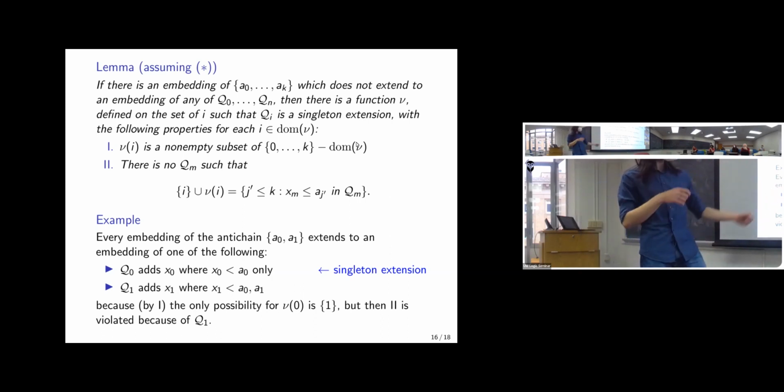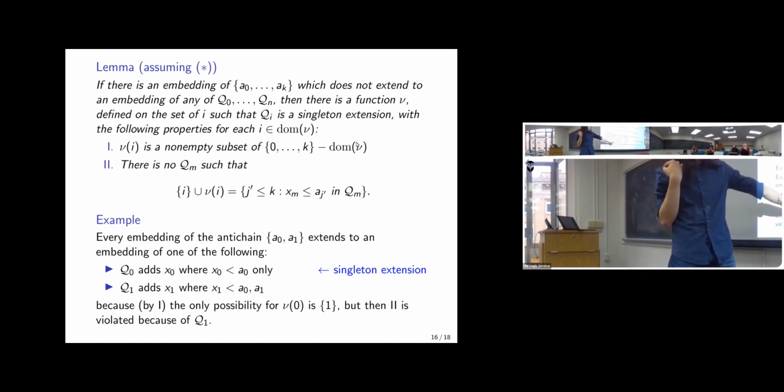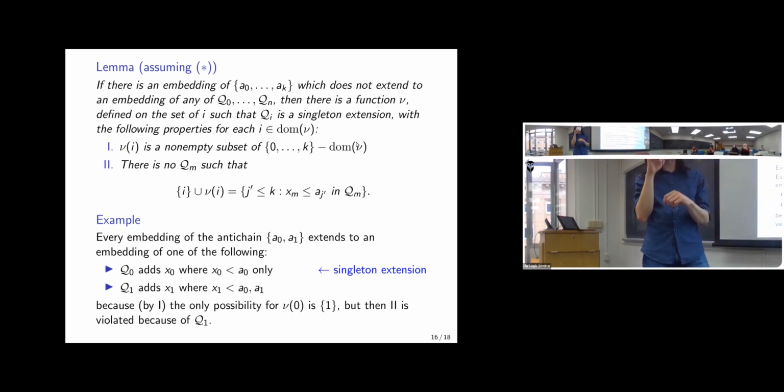Q0 is a singleton extension where the new element X0 is below A0 only, and not below A1. Q1 is not a singleton extension. Q1 is adding a new element X1 where X1 is below both A0 and A1.